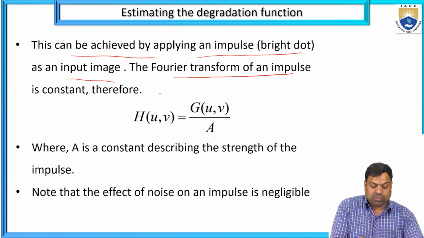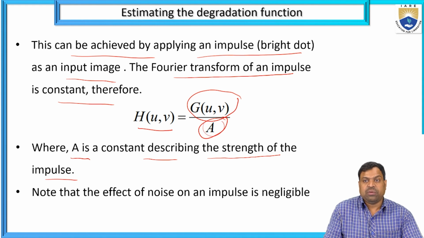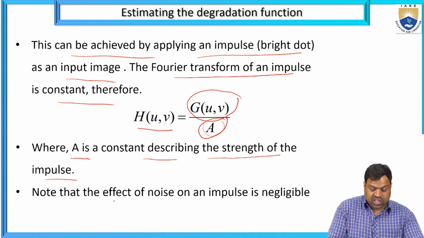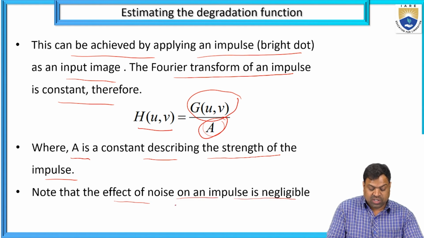A is a constant describing the strength of the impulse function. And the effect of noise on the impulse is negligible. So how much noise is affecting the original image? That is the impulse. It is negligible here.